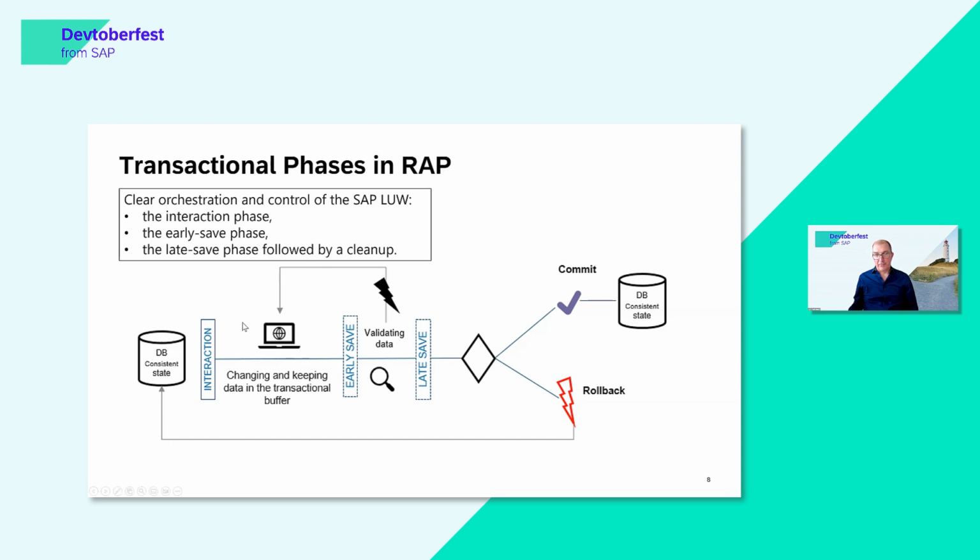And this is now something we really achieved here with RAP, that the developer now does not have all these opportunities he had with classical ABAP, where he had to look, okay, am I using the update task correctly and so on?